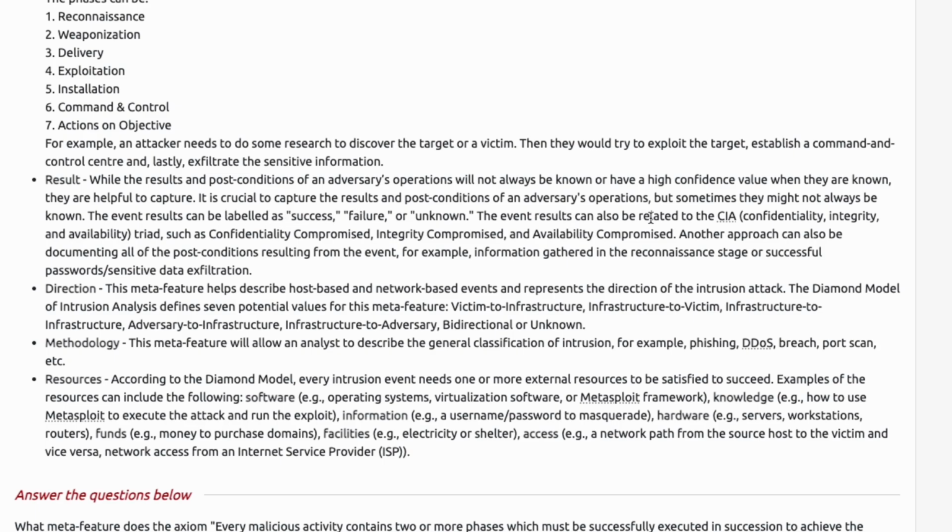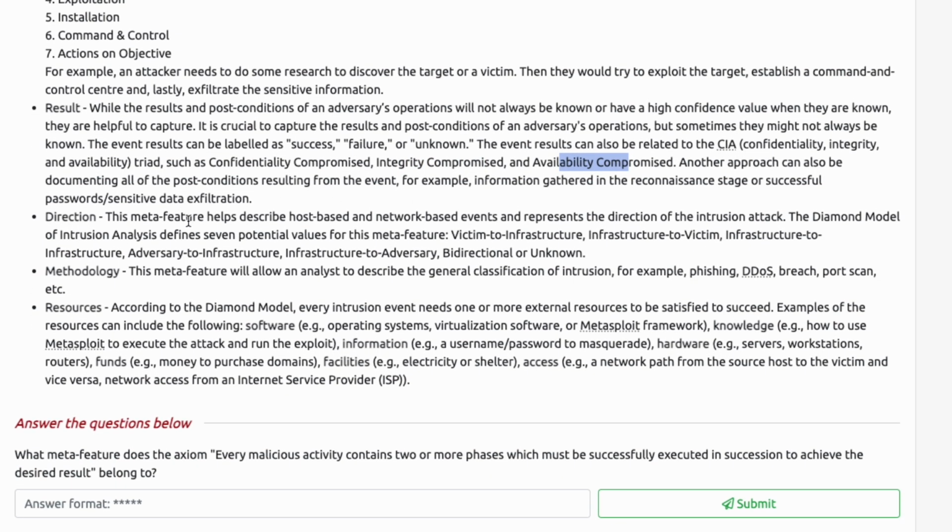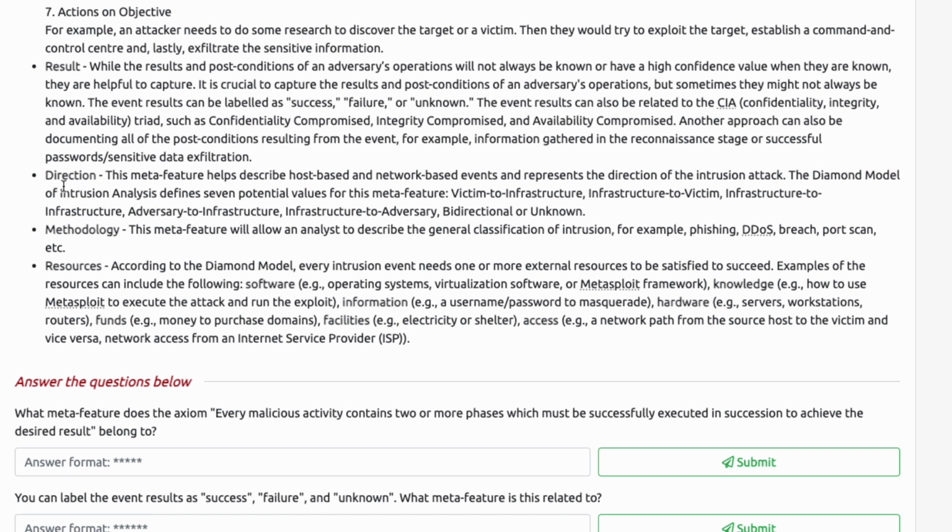The event results can also be related to the CIA triad, which is confidentiality, integrity, and availability: confidentiality compromised, integrity compromised, availability compromised. Another approach can also be documenting all of the post conditions resulting from the event, which could be information gathered in the recon stage or successful passwords and data that was exfiltrated.